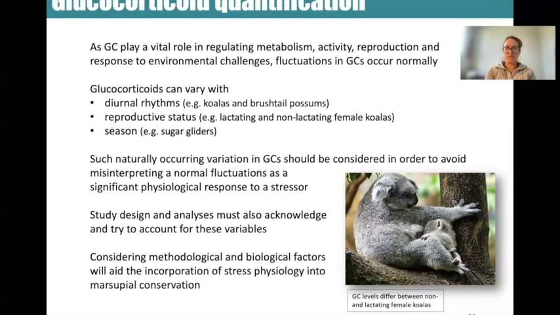It's important that study design and analyses are acknowledging and trying to account for this natural variation, and it's obvious that to consider this is essential when we think about incorporating stress physiology into marsupial conservation.